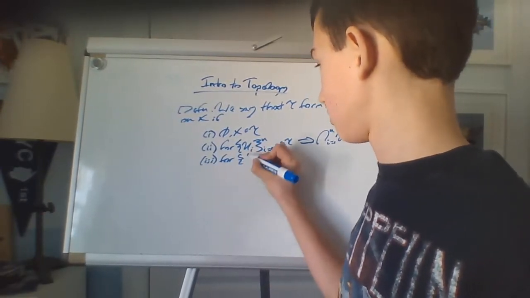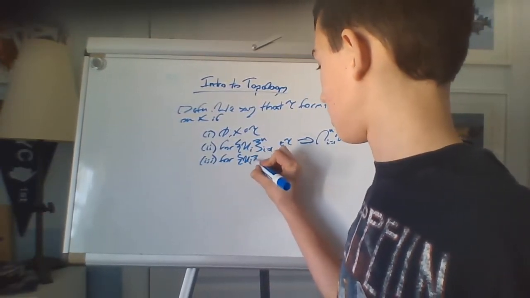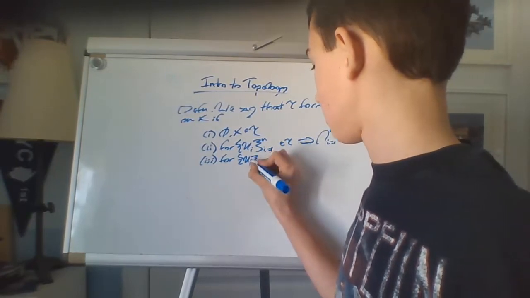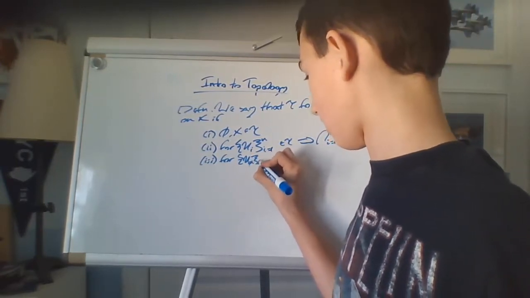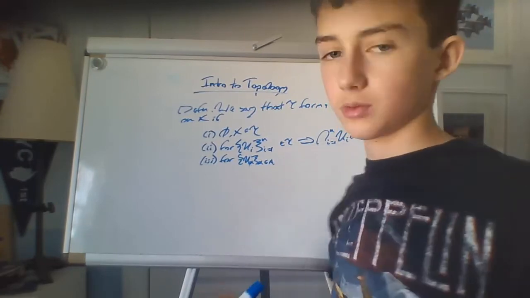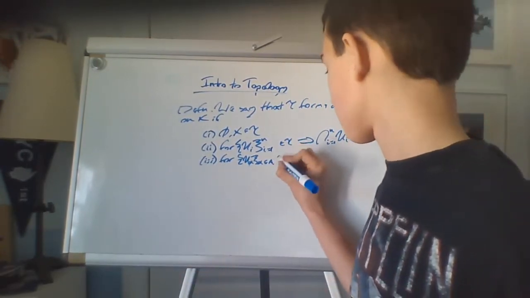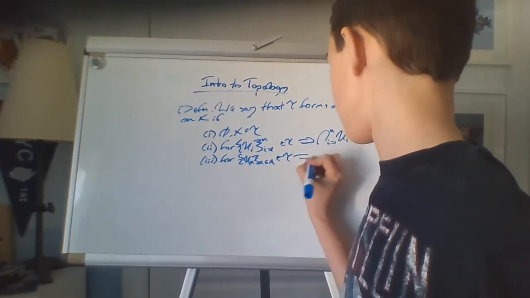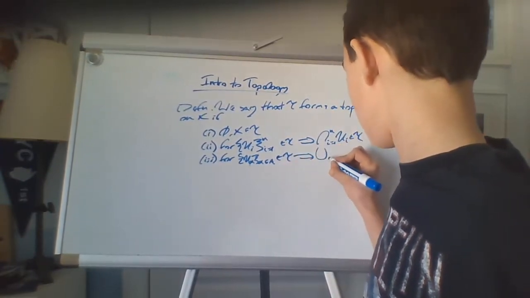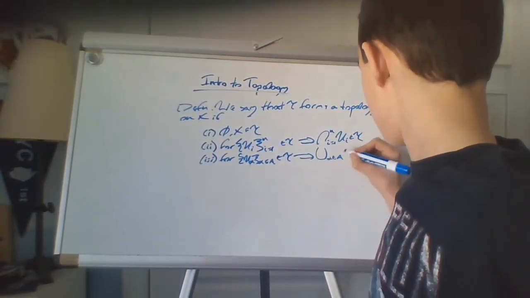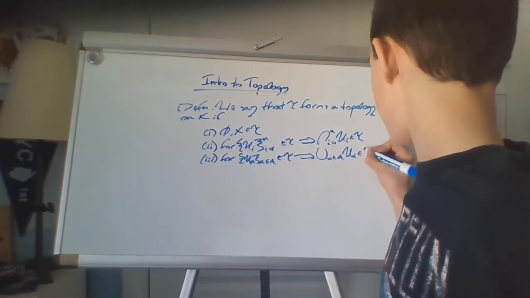And for u_alpha, alpha in A, so we're just using A as a placeholder, it could be infinite or finite, in tau, then the union over alpha in A of all the u_alpha is in tau.